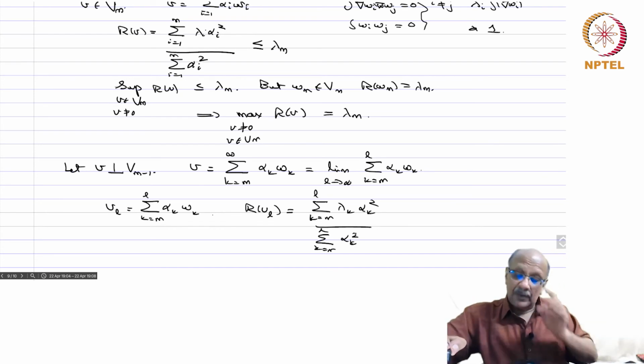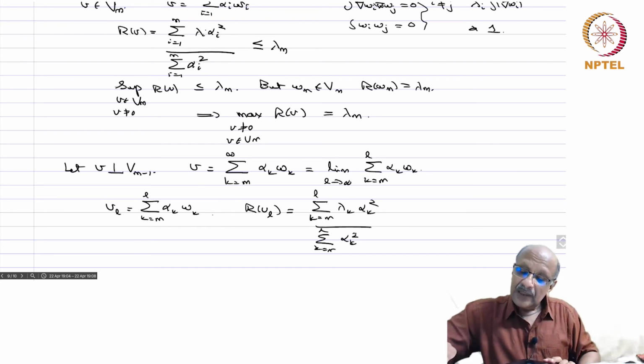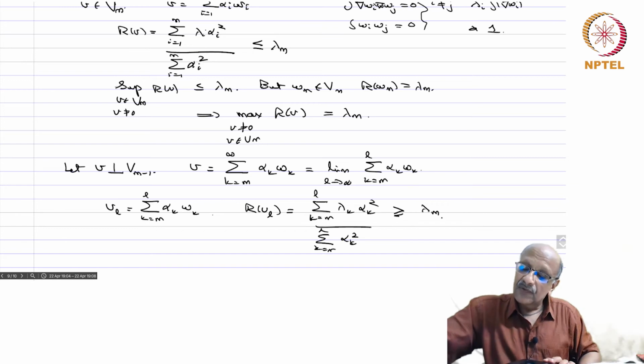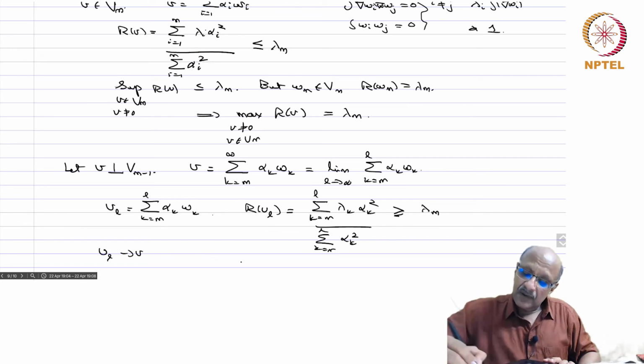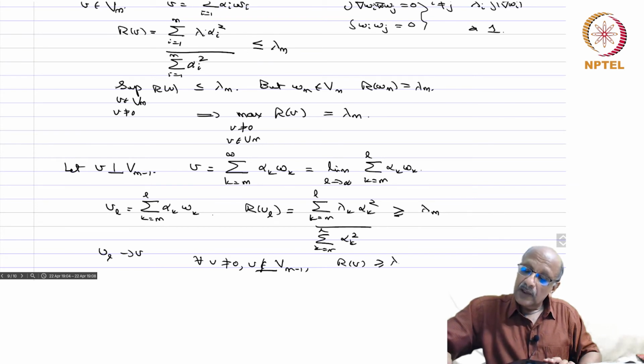Now, again remember we are numbering it in the increasing order. So, the smallest of this is lambda m, and therefore, this is greater or equal to lambda m, and therefore, since vL converges to v, we have that for all v not equal to 0, v orthogonal to Vm minus 1, you have that R of v is greater or equal to lambda m.